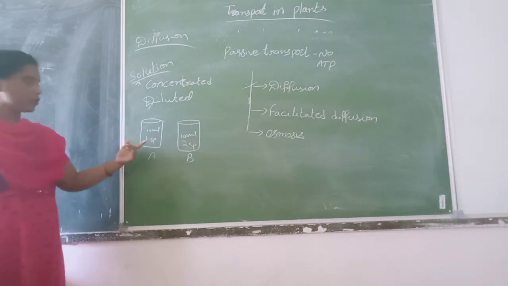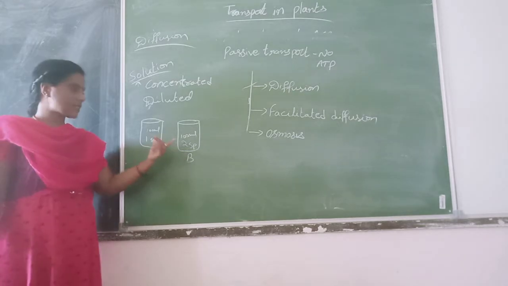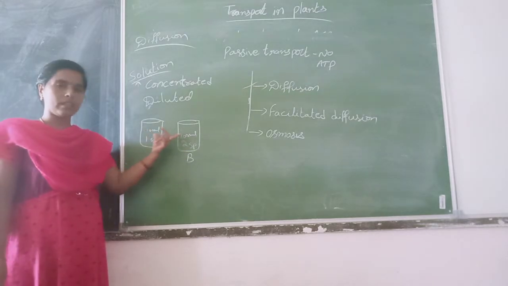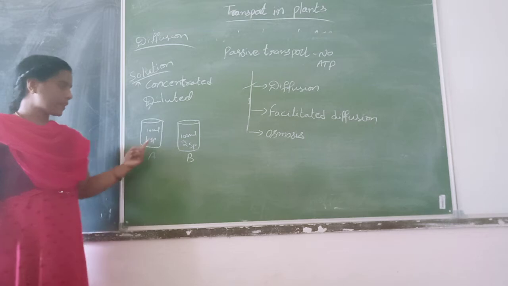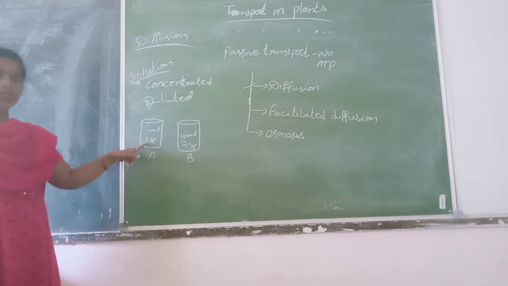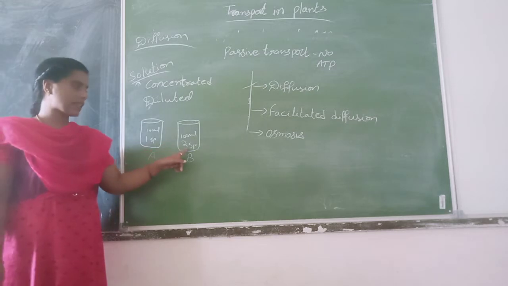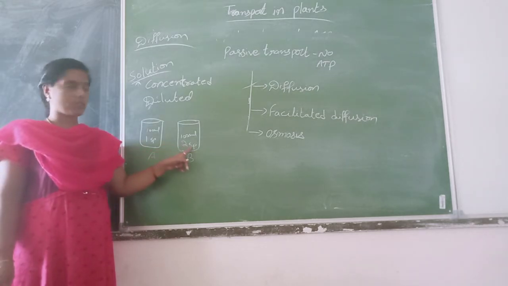Two glasses with the same quantity of water, 100 ml each, but in the first sample 1 spoon of sugar and in the second sample 2 spoons of sugar.